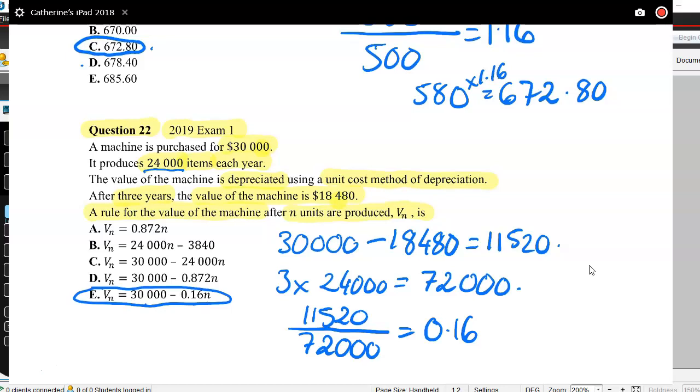E. So 53% of the state answered that one correctly, 17% answered D, and 15% answered C. Okay, I'm not quite sure where they got those from. Maybe you can come up with a suggestion.